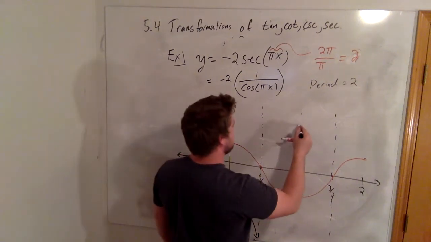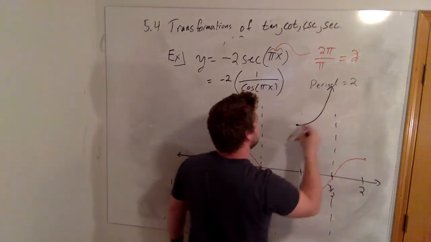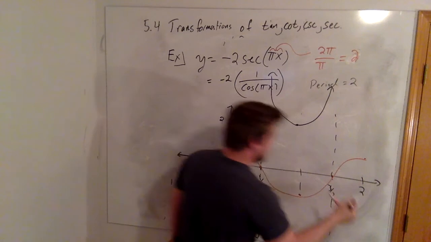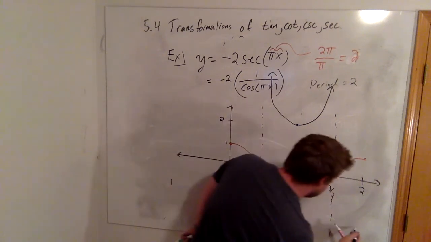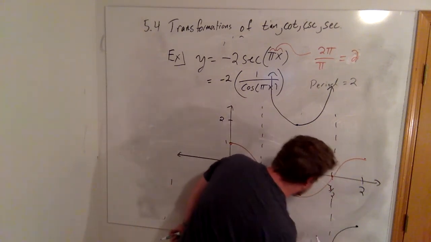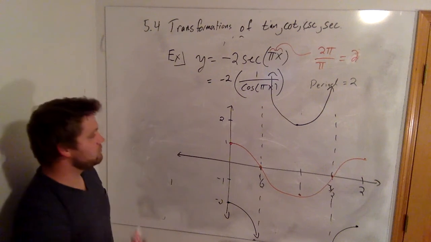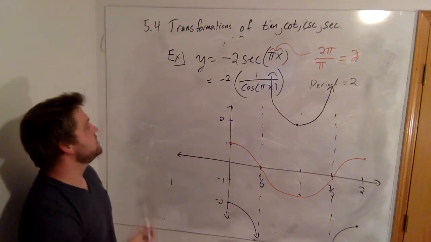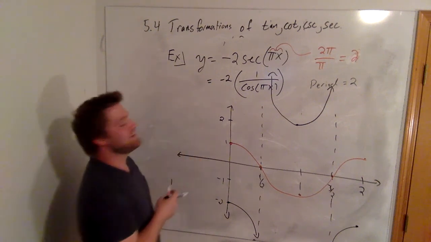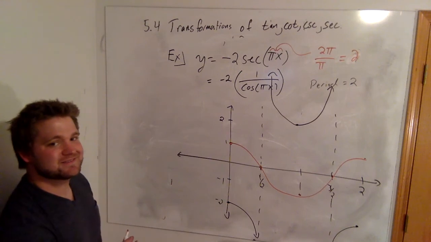And I would start here, go up, and then I would start here and go down. So what I've sketched here in black is one period of -2 secant of pi x.